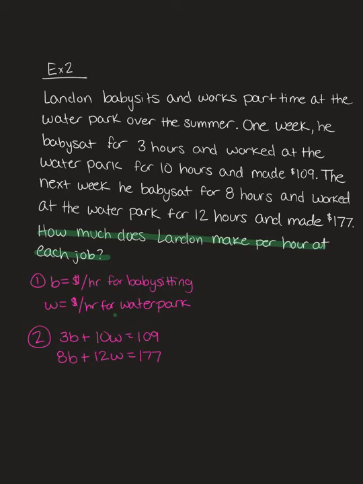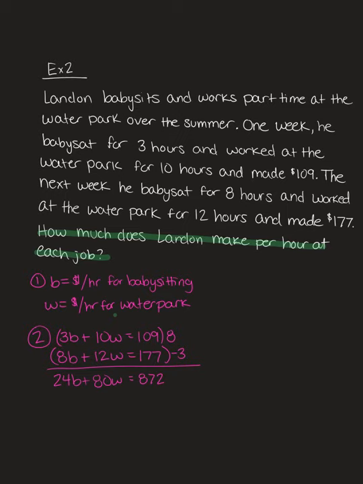Again, you can use the method of your choice to solve. I'm going to use elimination. I'm going to eliminate B, so I'm going to multiply the top equation by 8 and the bottom equation by -3. I will get 24B plus 80W is equal to 872.